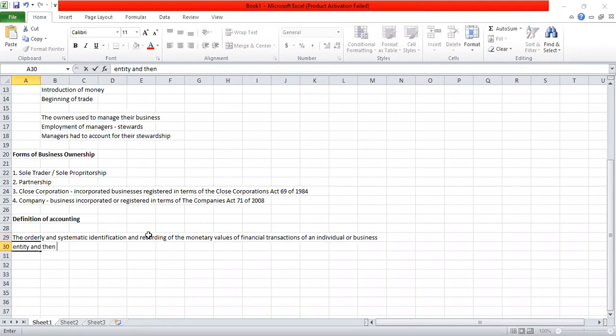And then reporting of the results to the users for decision making.